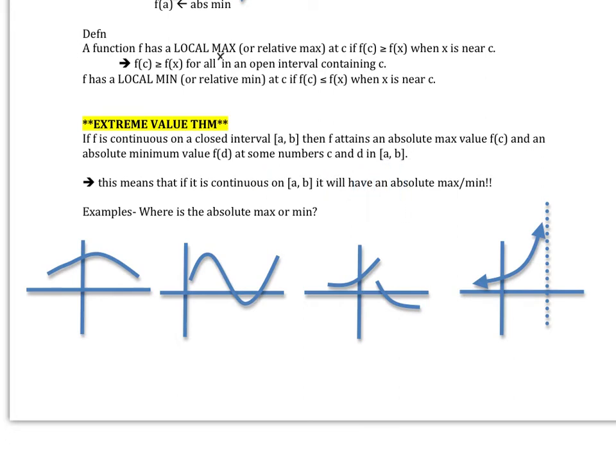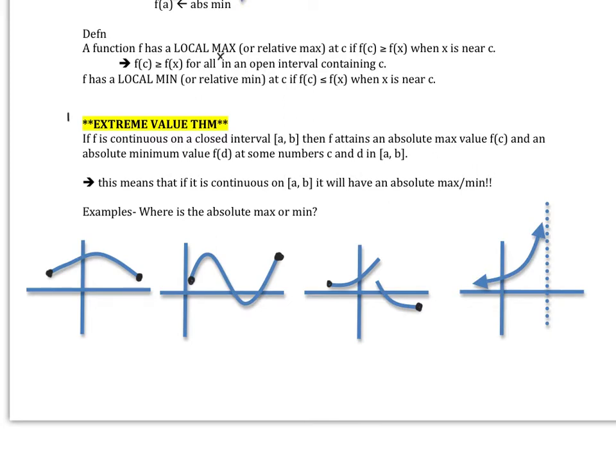In other words, if the interval is closed, because now I can equal the endpoints, right? So if the interval is closed, which means I will have a value here. It's closed, this point is not an open circle there. I have to include a value at these endpoints. So as long as the interval is closed, I will have an absolute maximum and absolute minimum.